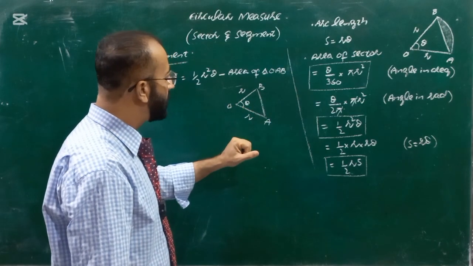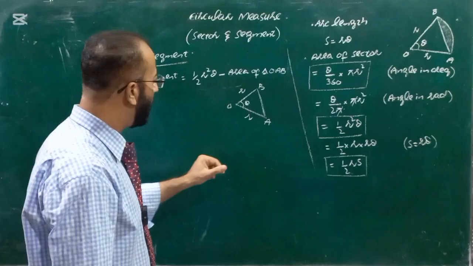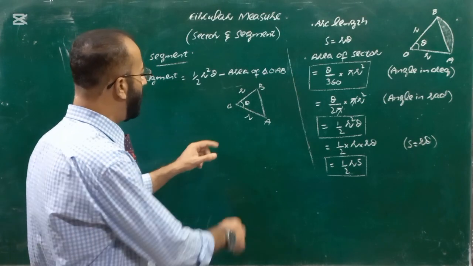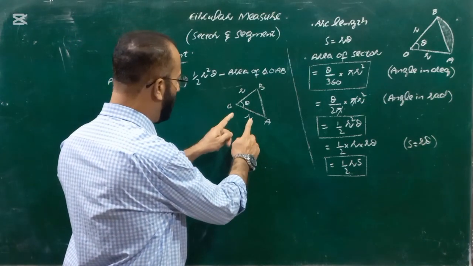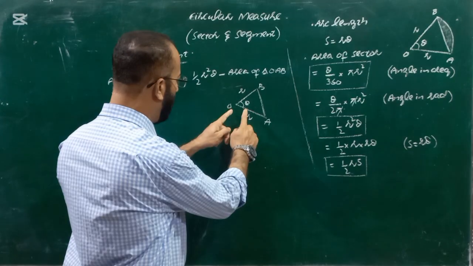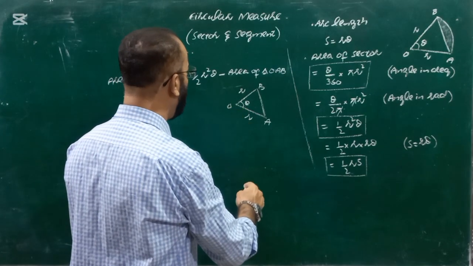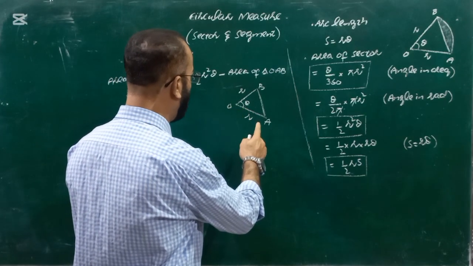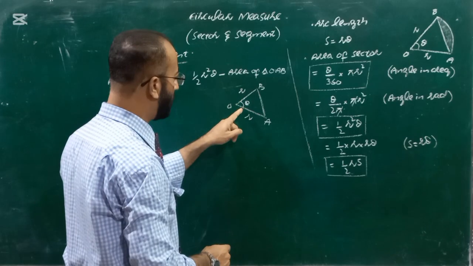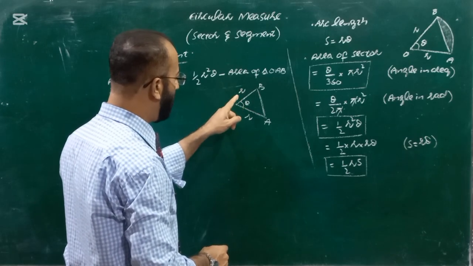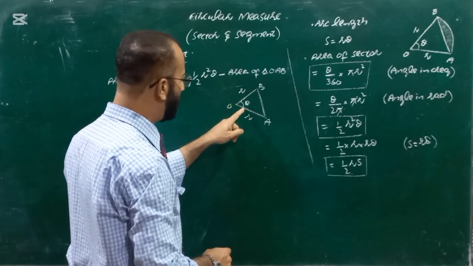This is the side that is missing, that will be found later. The area of the triangle in which two sides are given and the central angle is given, the formula will be 1 by 2 r square into sine of theta.